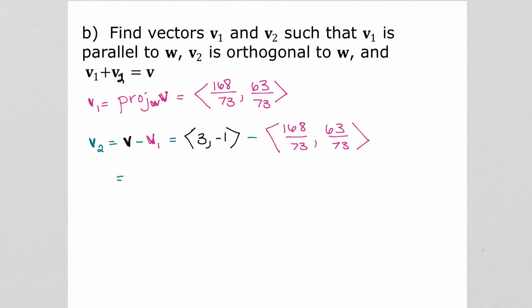So 3 minus 168 over 73, if you get a common denominator, or you can put that in your calculator and change it back to a fraction, is 51 over 73. And negative 1 minus 63 over 73 is negative 136 over 73. So we've already found V sub 1, and this would be V sub 2.